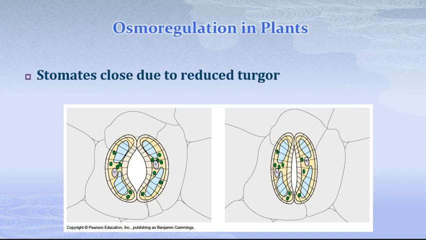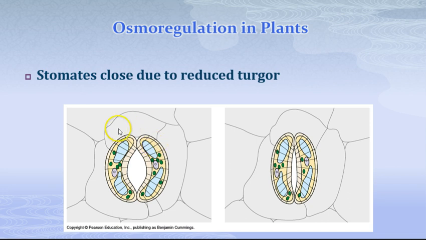So getting back to this osmoregulation in plants, this is what you have here, these little cells that are the guard cells, and they're going to open and close this pore, the stomate, right? And here you can see that it's actually closed, and this happens when we lose turgor pressure, which is the water pressure that's pushing out on the cells, okay?